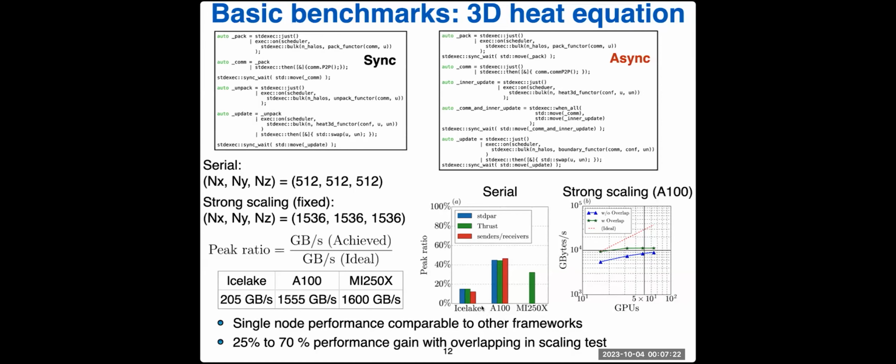It's not available on AMD GPU right now. In the strong scaling test, just modifying the code from the sync version to the async version with minor modification, we got a 25% to 70% performance gain with overlapping in strong scaling from 16 to 64 NVIDIA A100 GPUs. It's quite a nice result.